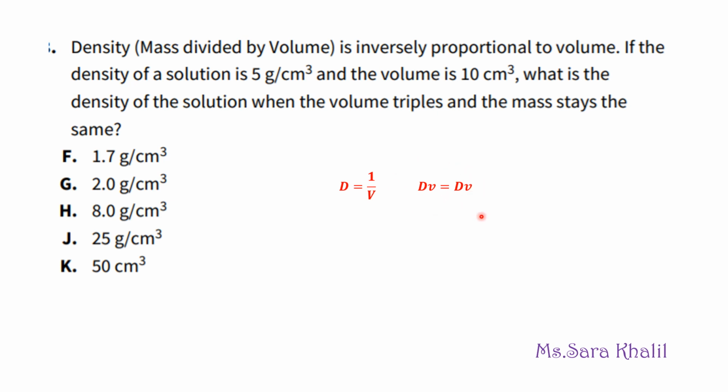And that's going to be very easy for the inversely proportional case. So I know 5 times 10 equals the density, which I don't know, times 30. What is this 30? It's 10 times 3. And so you can simply calculate the density, which is going to be 1.7, that is 50 divided by 30.